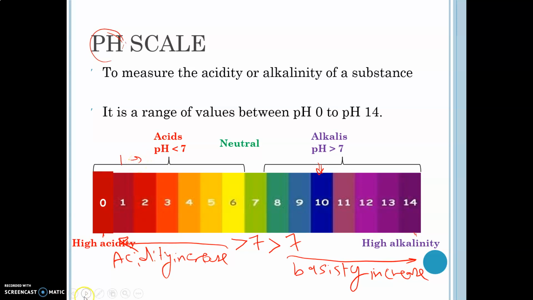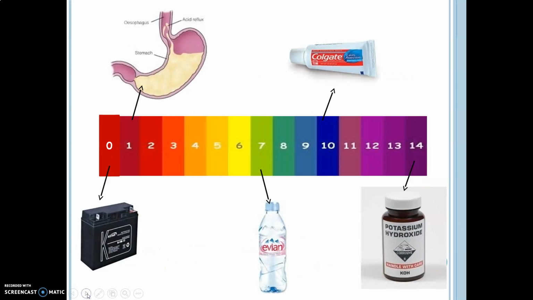So again, the pH measures the acidity or the alkalinity of a substance, and it has a range from 1 to 14, and as you can see it has different colors according to how strong or weak an acid or an alkali is.